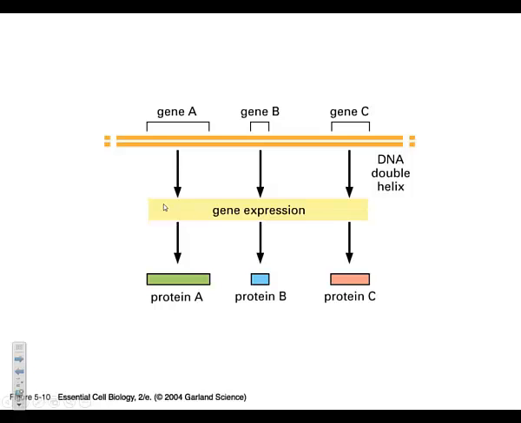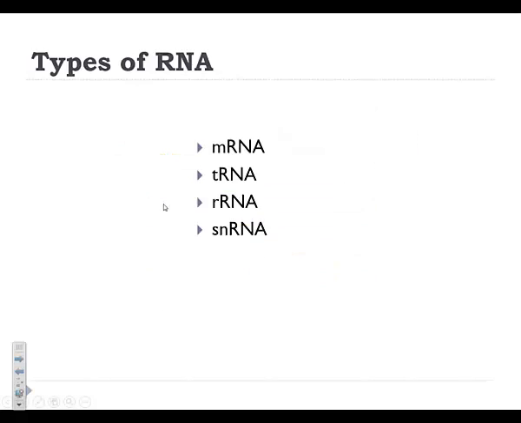In prokaryotes, as I mentioned, you can also often have many genes simultaneously transcribed into a single mRNA and then into their respective proteins. And for the eukaryotes, it's usually just one gene per mRNA.